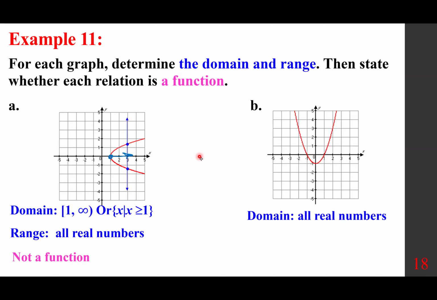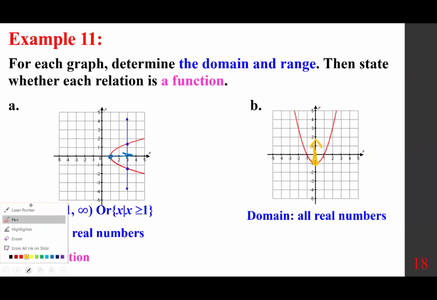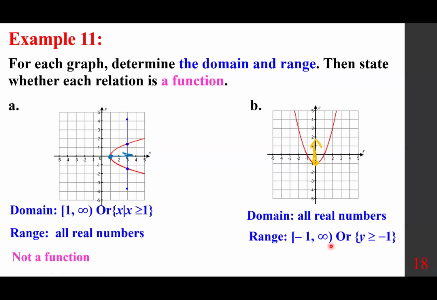As far as the range is concerned, anything from here, -1 to infinity, and we write it bracket -1 to infinity, or we write y is larger than or equal to -1. And yes, it does represent a function because no vertical line can cross the graph more than once.